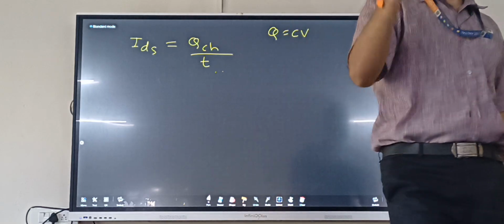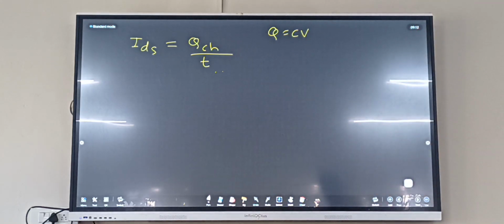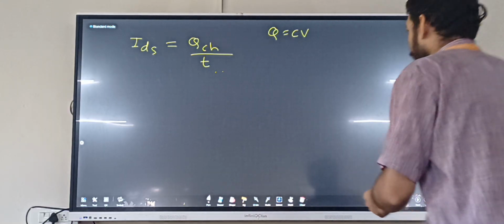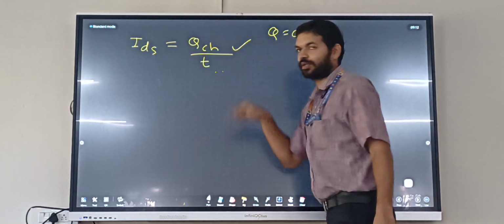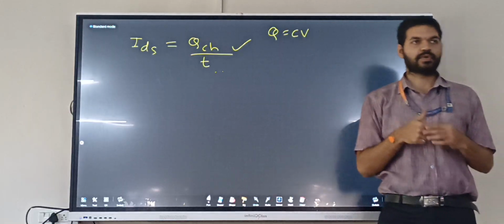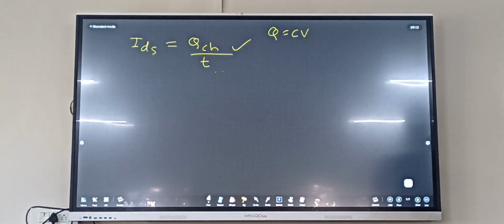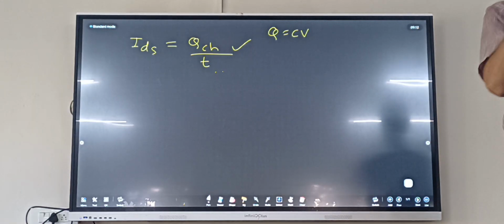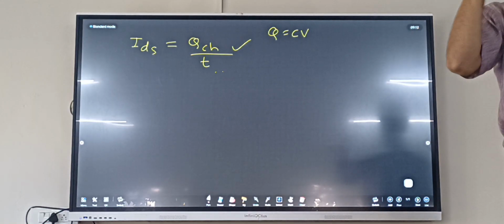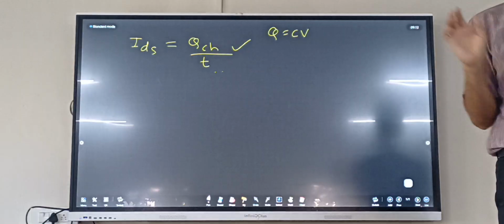Then again, individual terms we have identified and written a few formulas. All the formulas we have put in the main equation to get three different equations. One for the saturation region, which is nothing but beta by 2 into (VGS minus VT) the whole square.